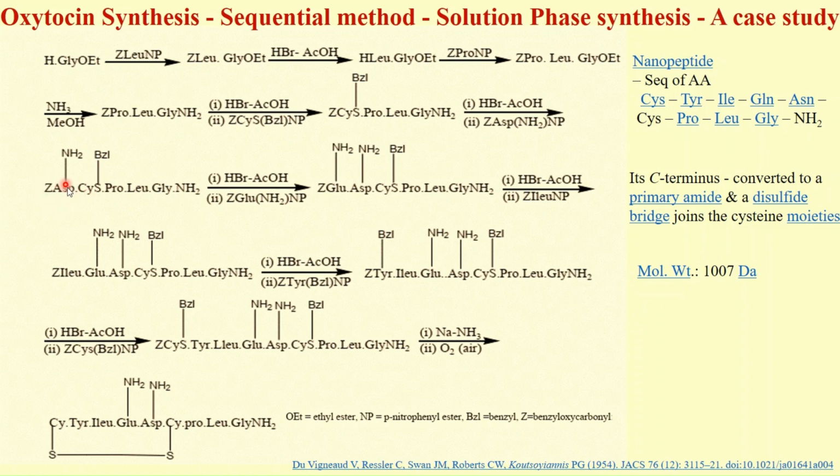The deprotection of the amino group of asparagine is carried out by using hydrogen bromide and acetic acid, followed by treatment with N-protected glutamine to give rise to the corresponding glutaminyl derivative.